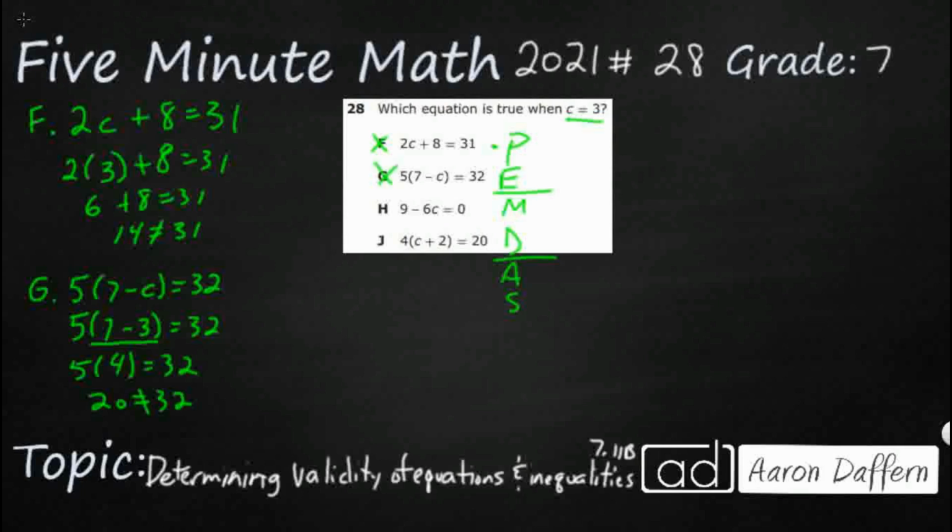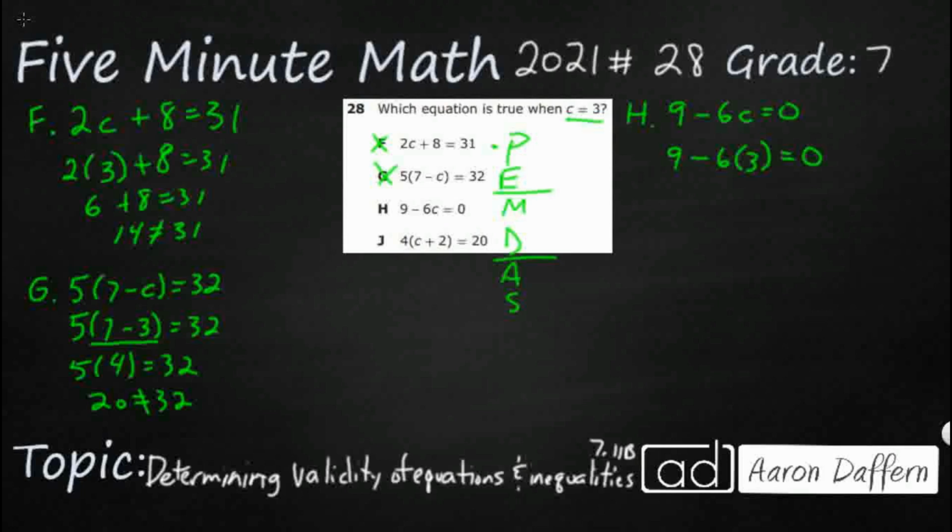All right, let's check our H. It's going to be either H or J. So we've got 9 minus 6c equals 0. All right, so 9 minus 6, and let's go ahead and substitute our 3 here. I see what they're wanting us to do, right? 6 plus 3 would make 9, so 9 minus 9 would make 0 if you happen to add the 6 and the c, or 6 and the 3 in this case.